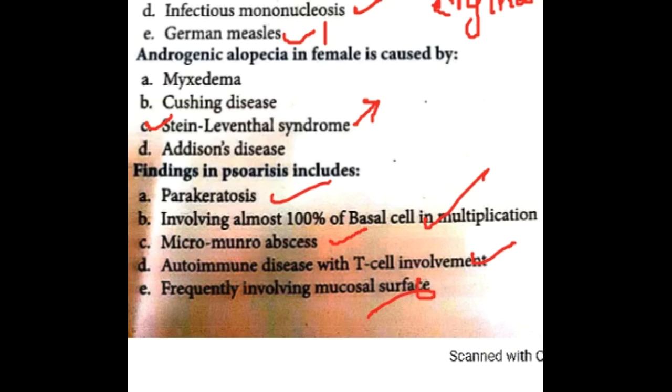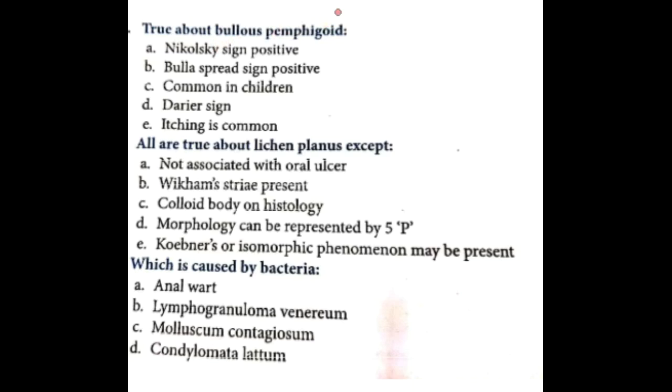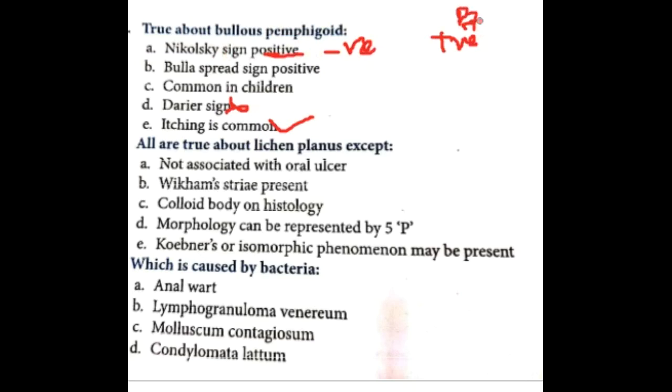Next question. True about bullous pemphigoid is. In bullous pemphigoid itching is common. Darier's sign is not for pemphigoid. Nikolsky sign is negative in bullous pemphigoid and positive in pemphigus vulgaris. Even bulla spread sign is negative in bullous pemphigoid and positive in pemphigus vulgaris.